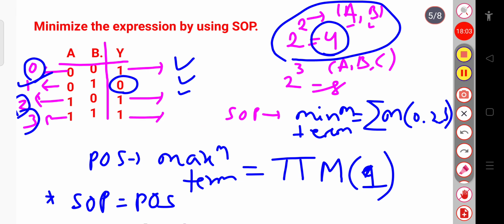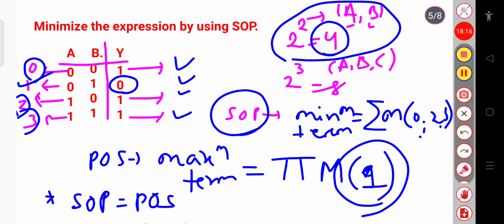So here the SOP contains 3 terms, that is 0, 2 and 3. So definitely if you subtract 3 from 4, then you will get only one term, that is the maximum term, the POS term, or you can say one term is absent, and simply you can write that this one represents the POS term. So let us take another example.